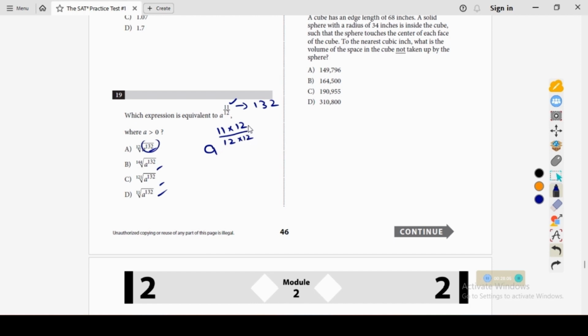Or we can just multiply by 12 in both the numerator and the denominator. And this becomes a raised to the power 132 over 144. So I can write it as the 144th root of a raised to the power 132. So B is the correct answer.